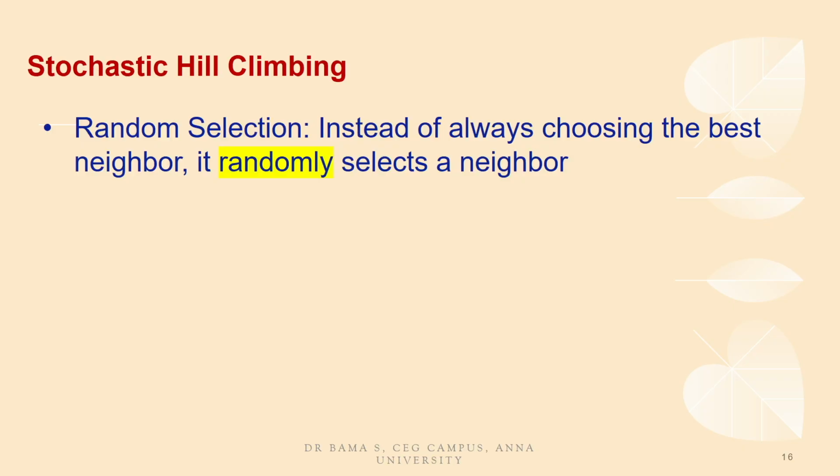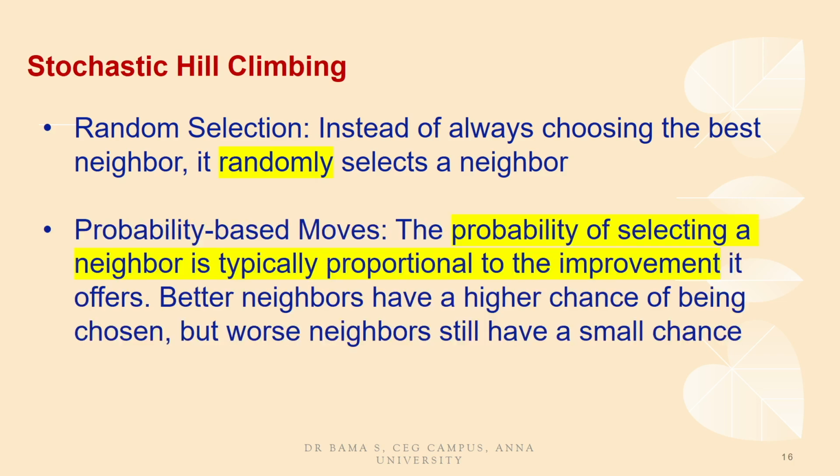In the stochastic hill climbing, instead of choosing the best neighbor, it is the second step that we did. Whenever we choose the value, we said, okay, if the neighbor is better than the previous step, we will select it. Now, instead of selecting the best neighbor, it randomly selects a neighbor, and based on the random measure, it has a probability of selecting the neighbor, and that is proportional to the improvement.